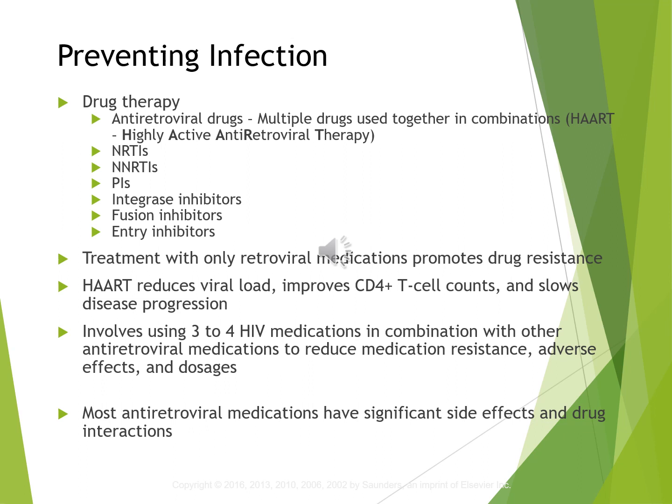So they usually are on a combination of therapies, so HAART, which is highly active antiretroviral therapy. Sometimes you'll see this as CART, which is combination antiretroviral therapy, or it may just be ART, antiretroviral therapy. So it gets kind of confusing to see those terms, but just know if you see HAART, CART, ART, they're pretty much the same thing, kind of used interchangeably.